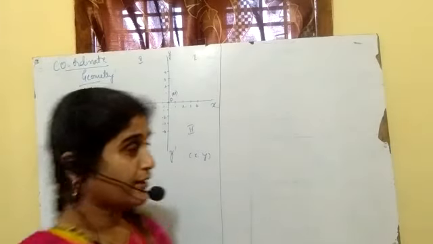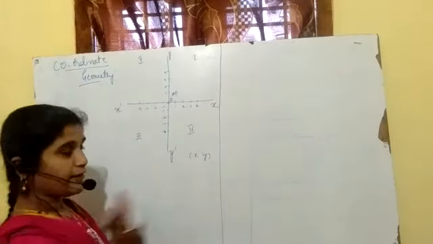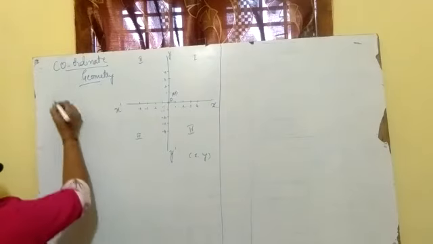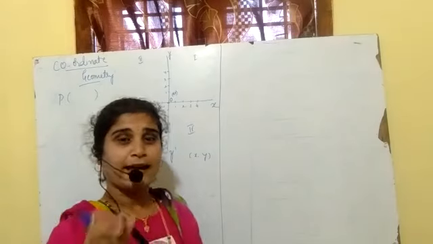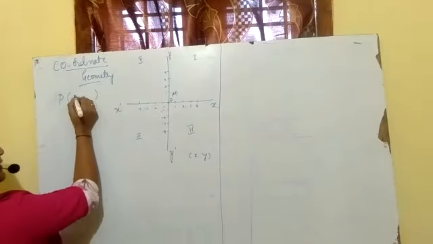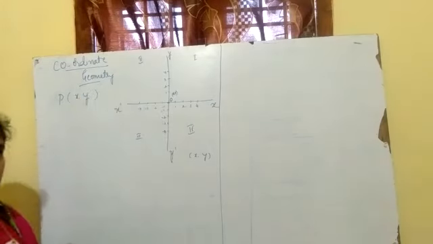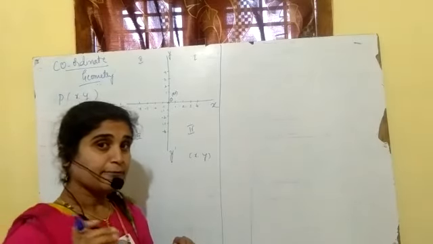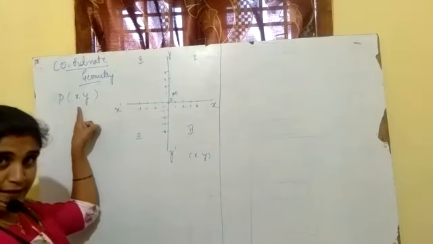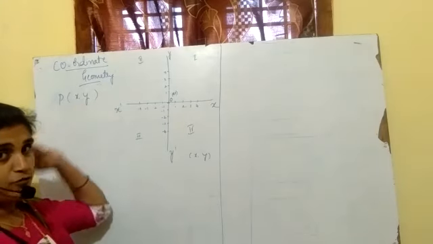We know that for coordinate geometry, a point is represented by coordinates. Coordinates are nothing but x and y. So x and y are called coordinates. Whenever we represent a point, first we write the x coordinate and then the y coordinate.